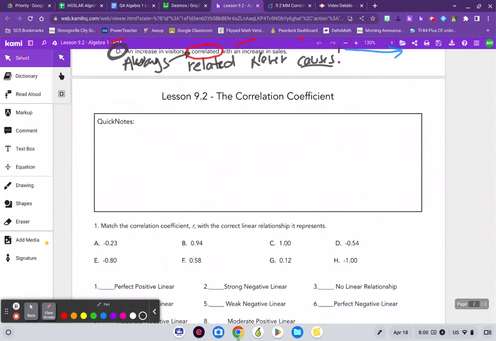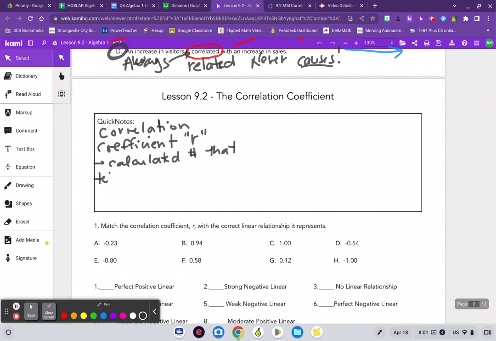And so, again, your job was to finish that Desmos. A couple of things we're going to talk about in the quick notes is the correlation coefficient. And the correlation coefficient is R. And this tells us, so this is a calculated number, that tells how well the data fits the line.